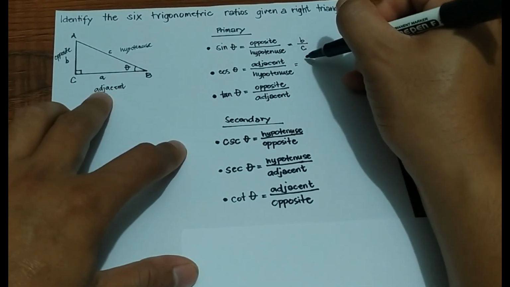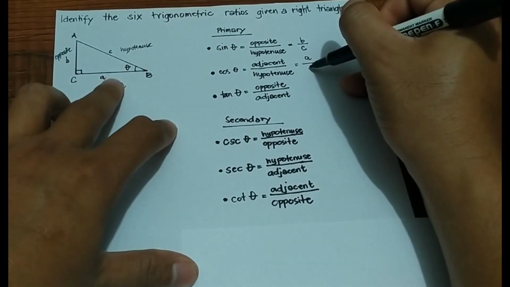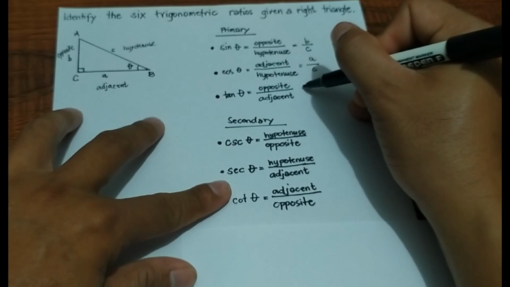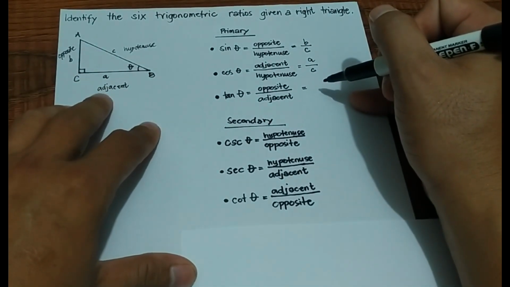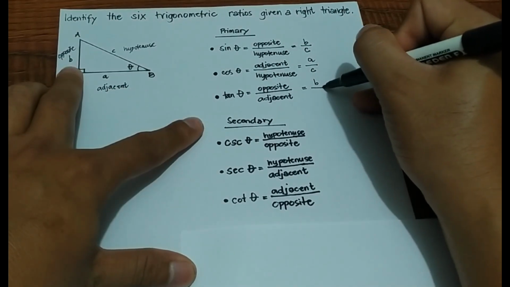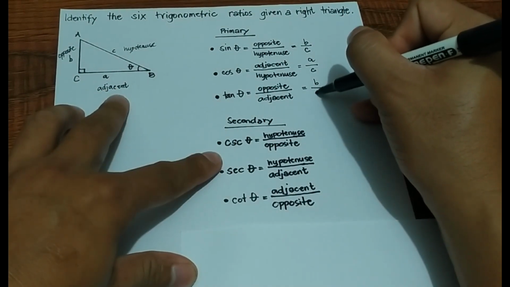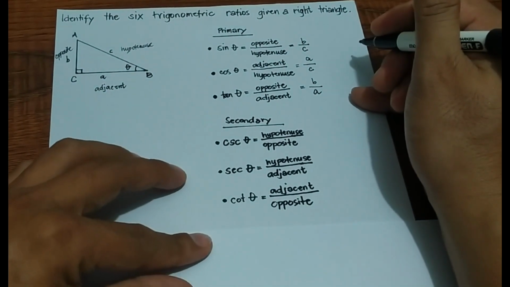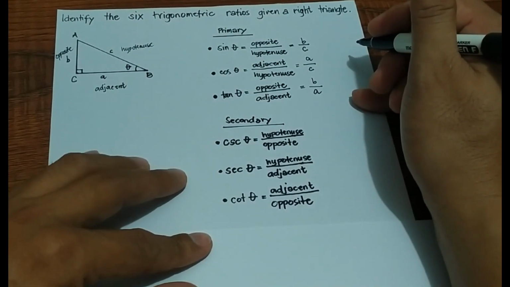Our adjacent here is represented by side A over our hypotenuse, side C. And we have opposite over adjacent for the tangent theta. So opposite, that is side B, over A, which is our adjacent. Alright, that's how we are going to find the primary trigonometric ratios.